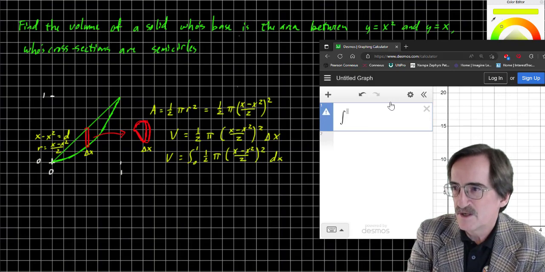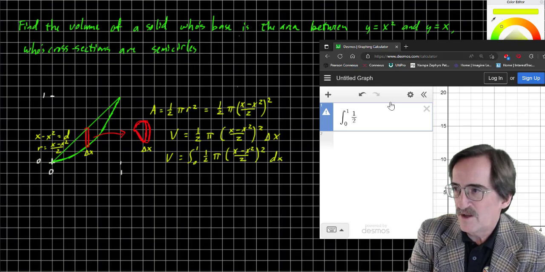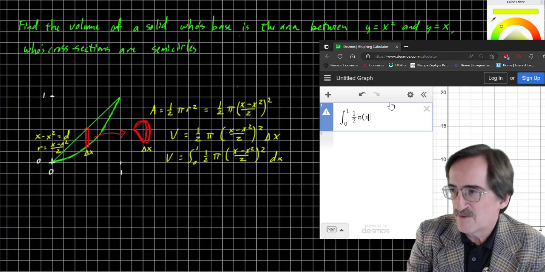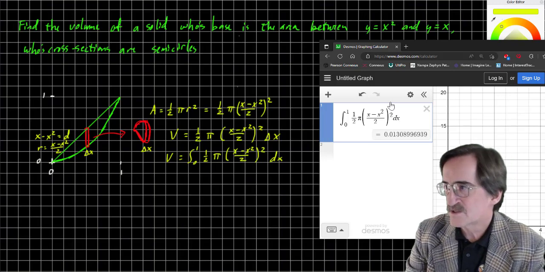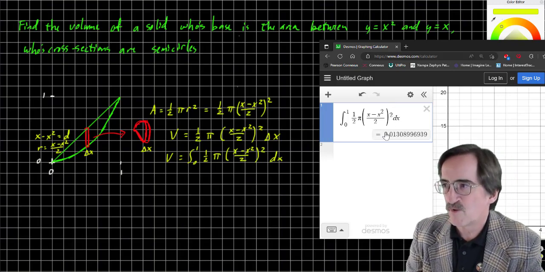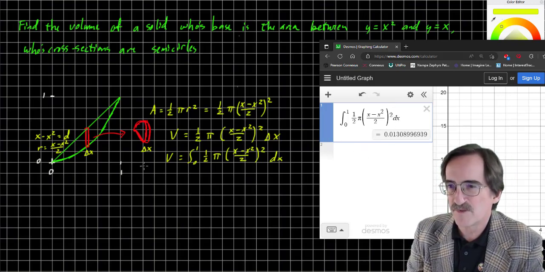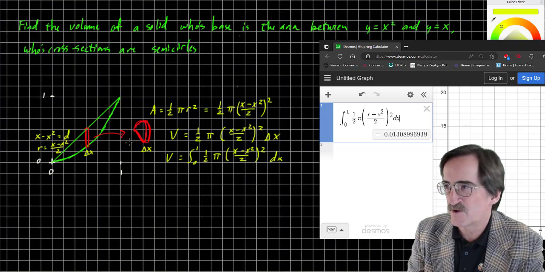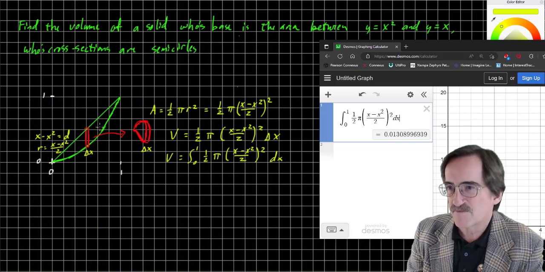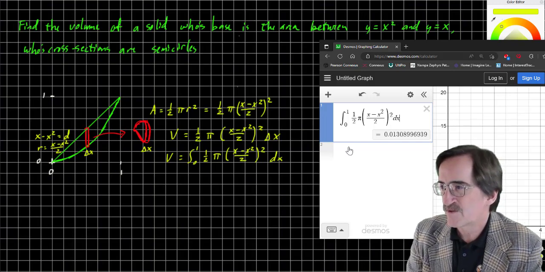Just type int 0 to 1, 1/2 pi (x minus x squared divided by 2) to the power of 2 dx. Okay, and there we go. We get about 0.013. Not a very big area, but remember, this is a 1 by 1 square, and 1 by 1 by 1 would represent the volume. So what we're talking about is a volume that's very small, relatively.